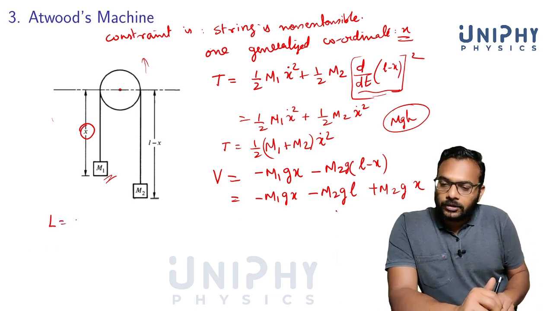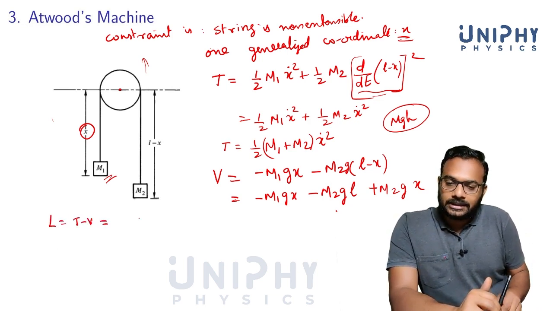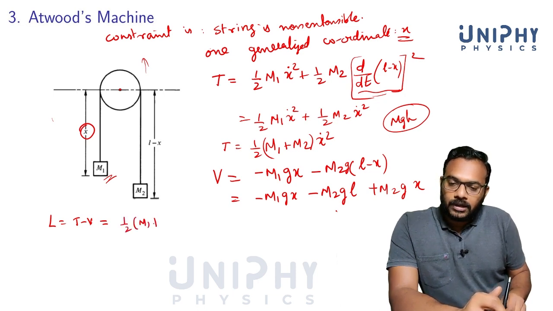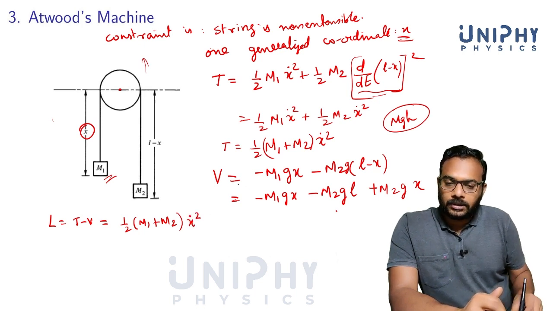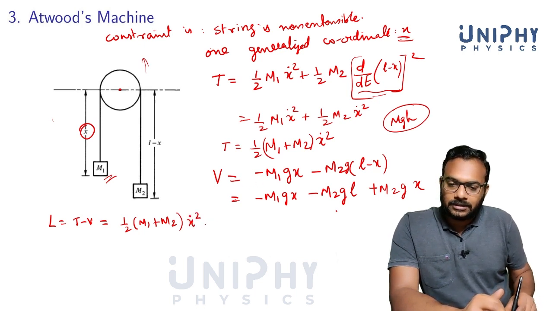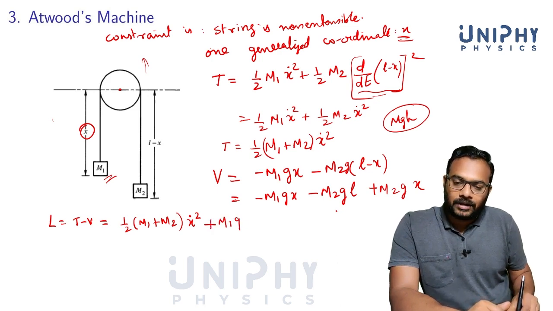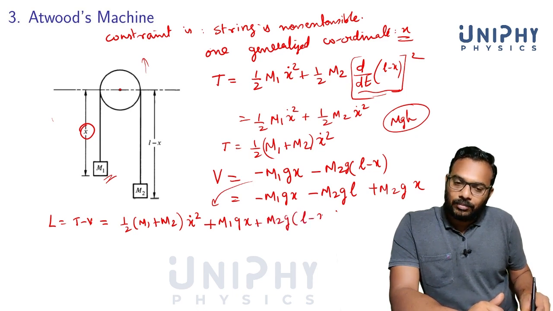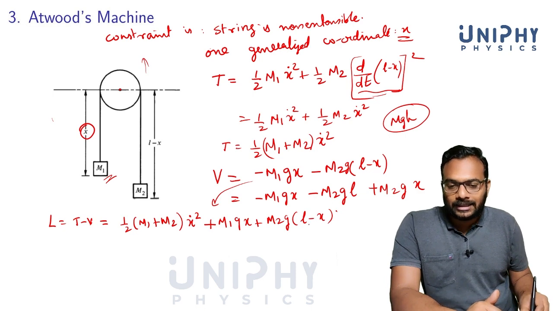So L equal to T minus V, that's equal to half (m1 plus m2) x dot square. Since it's T minus V, this becomes plus m1 gx, plus m2 g(L minus x). You see that there's a minus sign here.